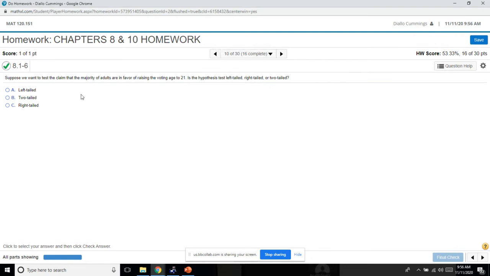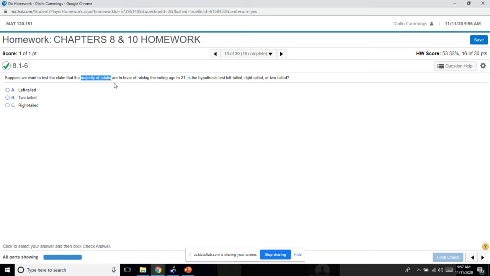Well, if I look at setting up my null and alternative hypotheses, my null hypothesis would be that the voting age is equal to 21. It says that we want to test the claim that the majority of adults are in favor.